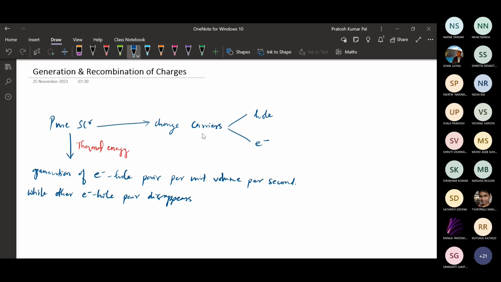Once we have put the thermal agitation to the pure semiconductor, it will be generating electron hole pairs, and some of the electrons would be combining with the available vacancy in the crystal, such that the electron hole pair will be looking like it is disappearing. So this disappearing will be as a result of recombination.